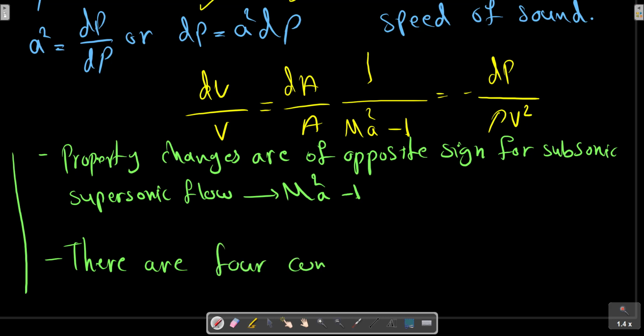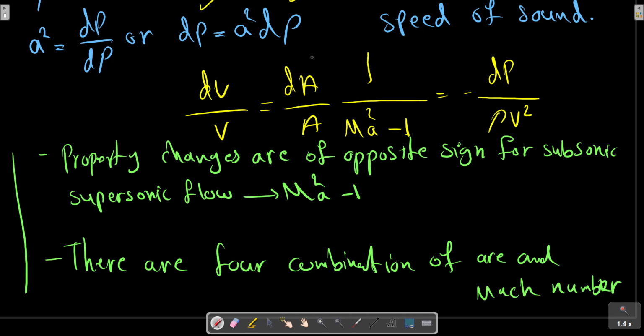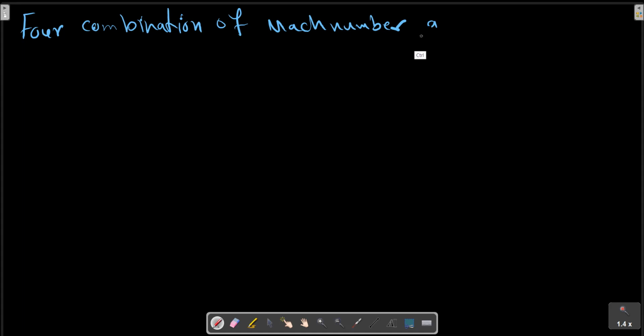Let me provide a picture for more description, showing the combinations of Mach number and area change as in this picture.